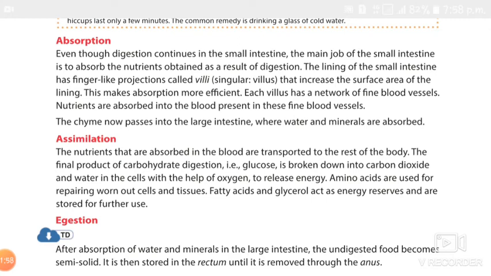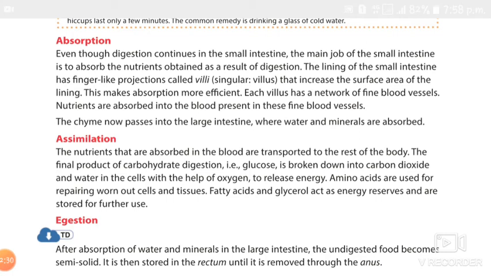This glucose is broken down into carbon dioxide and water in the cells with the help of oxygen, and by this energy is released. Amino acids are used to repair worn out, that is damaged, cells and tissues. Also the fatty acids and glycerol act as energy reservoirs and are stored for further use.